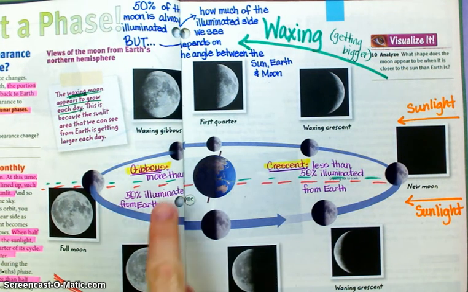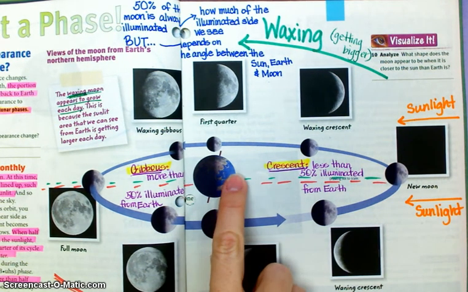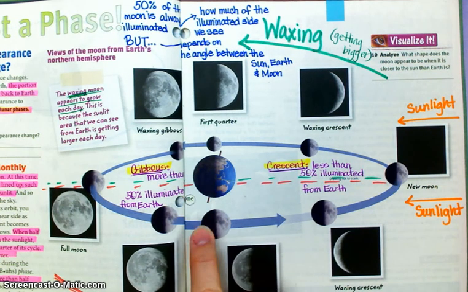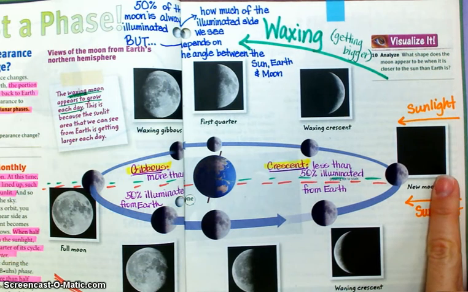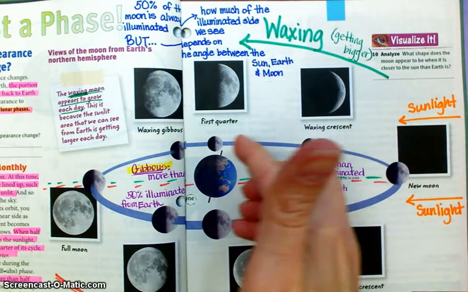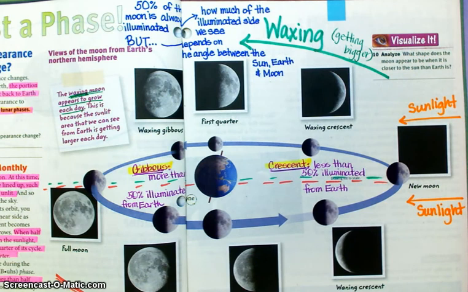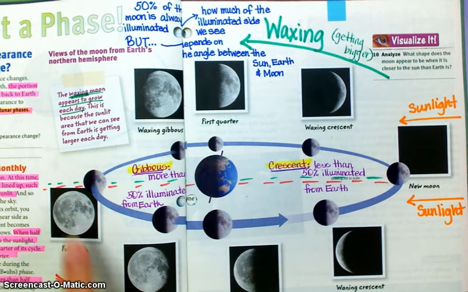Obviously, based on which part of the Earth is lit and which part is dark, and which part of the Moon is lit and which part of the Moon is dark, I know that the sun is coming from this direction over here. Okay, so the sunlight's coming from this direction. So I can actually figure out my lunar phases without these pictures if I know what the phases are in order.